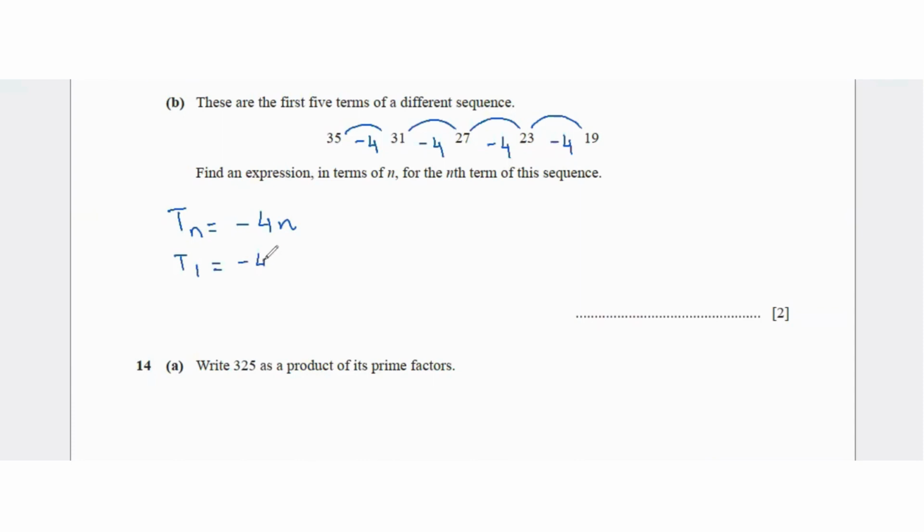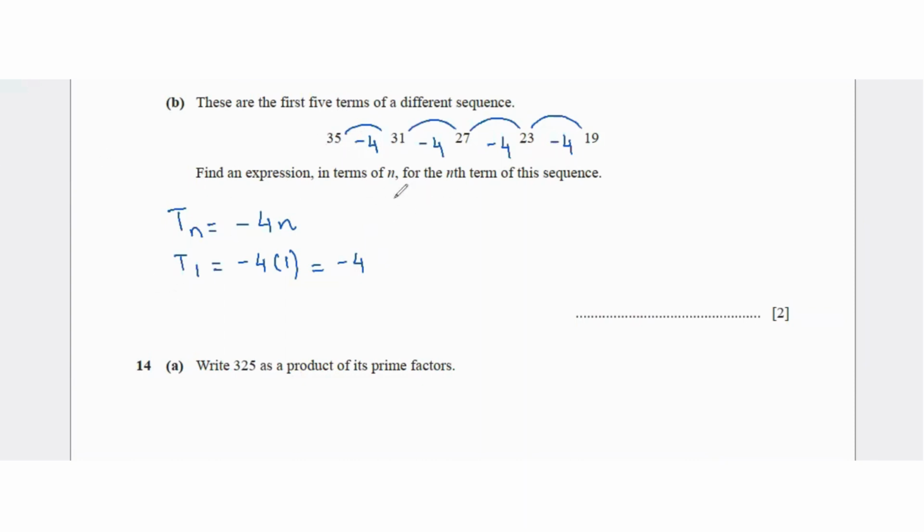That would be -4 times 1, which would equal -4. Now, obviously, the first term is 35, not -4, which means we need to add something to this expression to make it give us 35. So we know that if we add 39 to -4, that becomes 35.